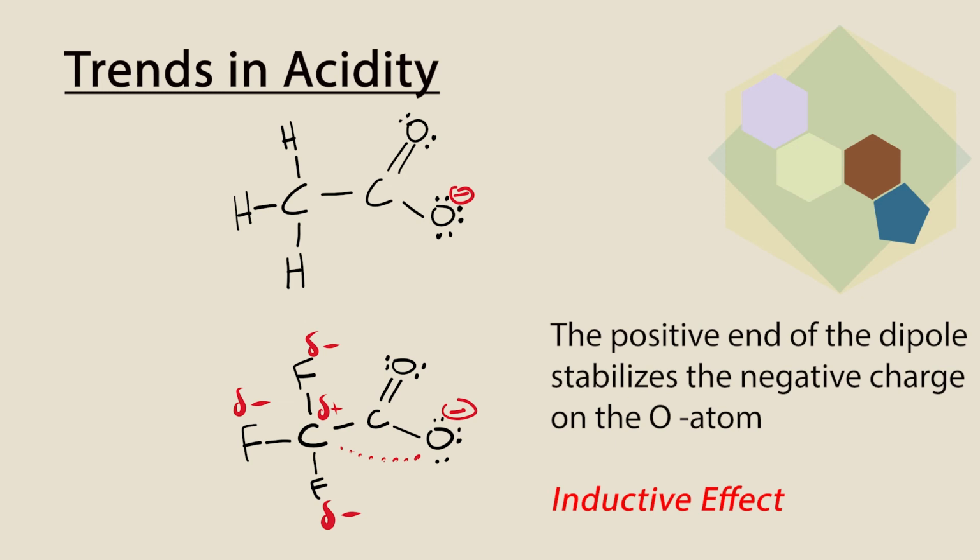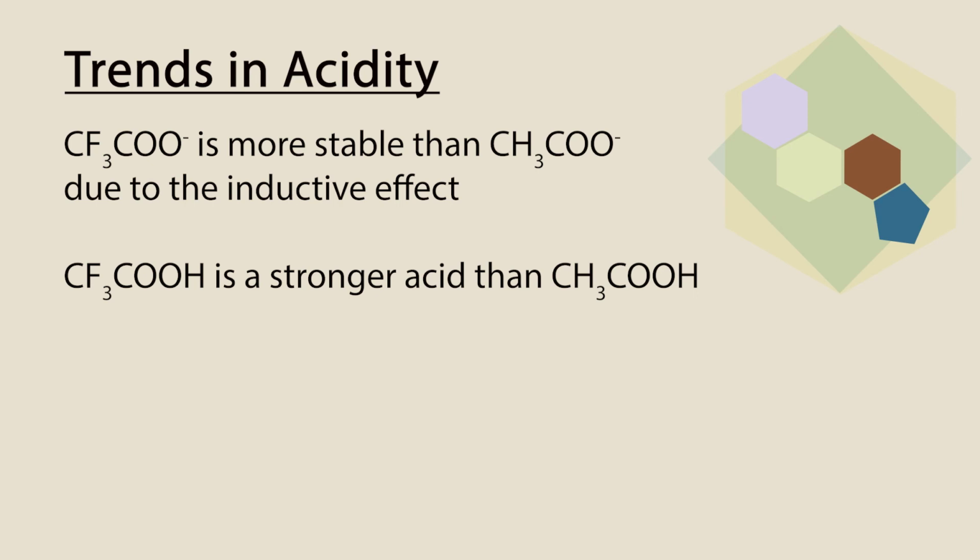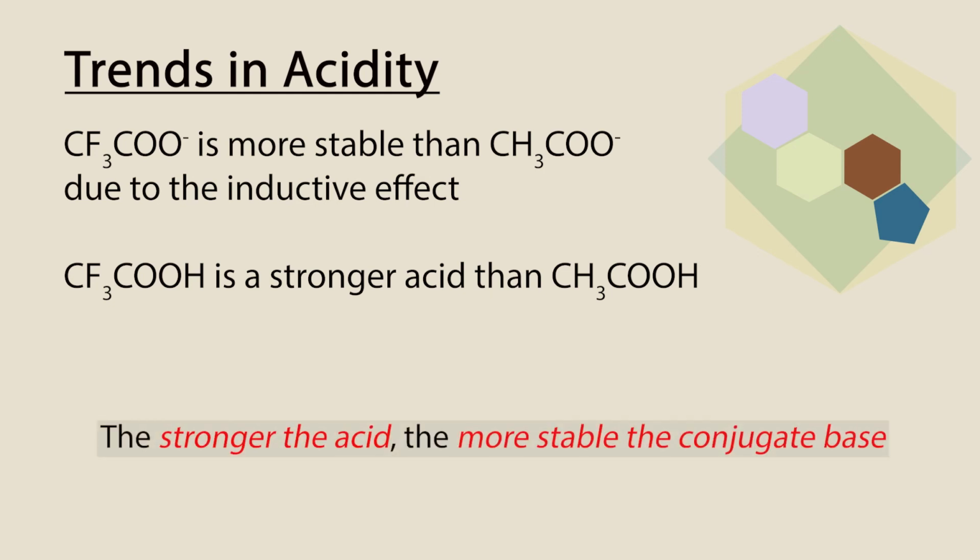The presence of a dipole within the conjugate base allows for a degree of stabilization between the negative charge and the positive end of said dipole. This stabilizing effect is called the inductive effect. The trifluoroacetate ion is more stable than the acetate ion due to the inductive effect. Since the more stable conjugate base has the stronger parent acid, trifluoroacetic acid is a stronger acid than acetic acid.